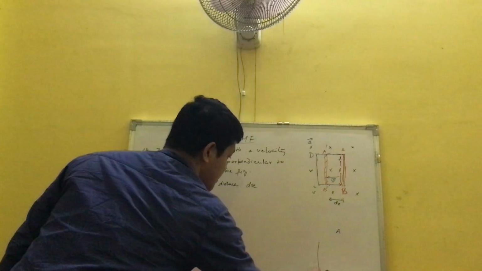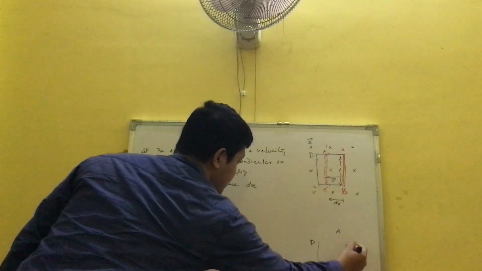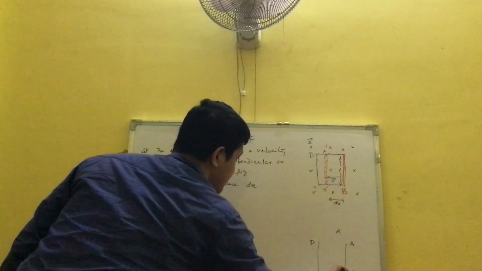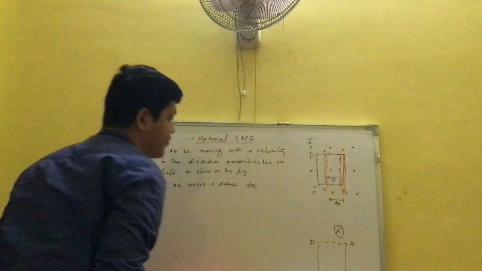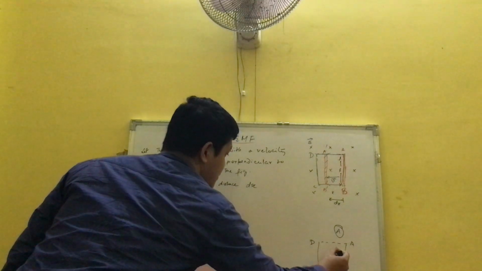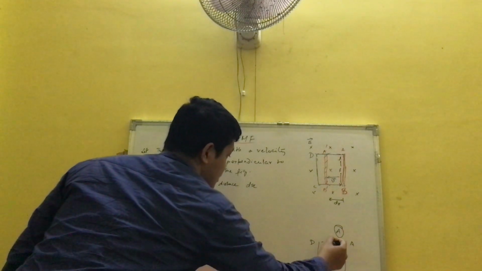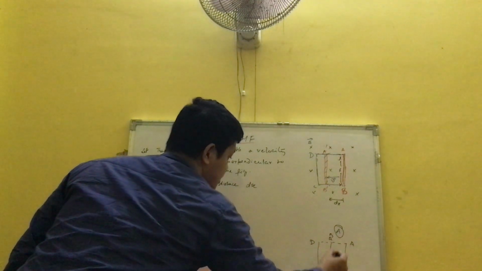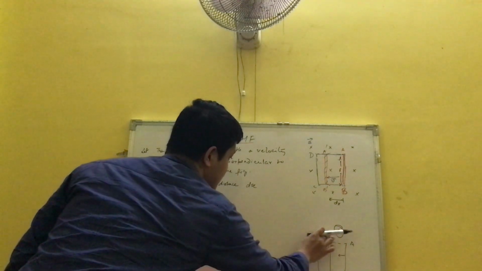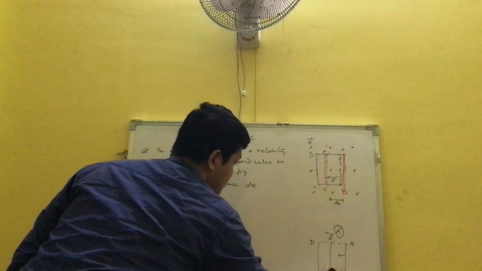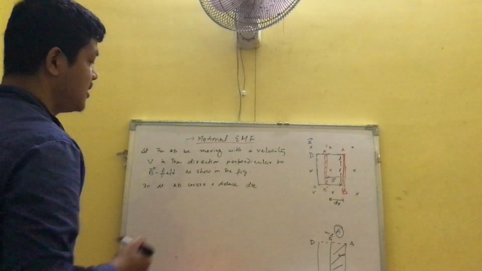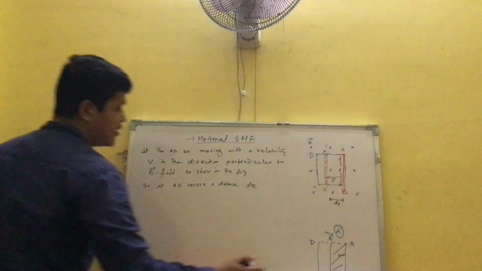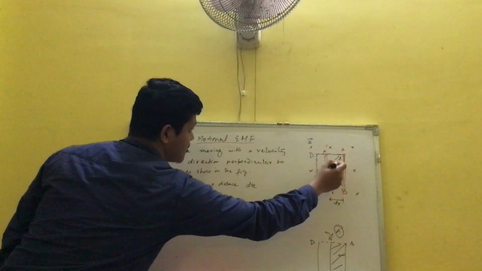Now you see this is CD and this is the rod AB, and initially the area of this surface is A. When it is moved, this is the new position, then what will be the change in area? So the area of this portion will be the change in area.